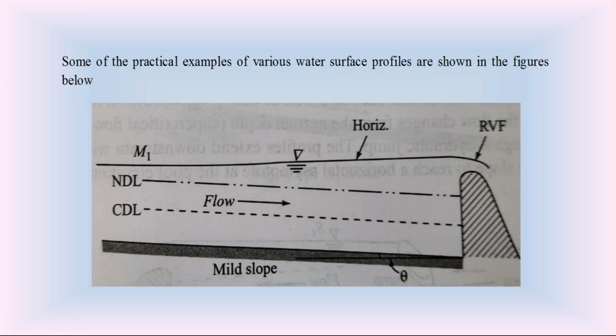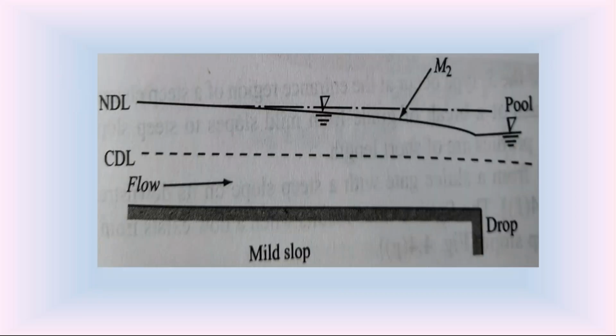Similarly, I will give you some practical example of another water surface profile, M2. Check this M2 water surface profile. Here also the channel bottom is mild slope. This is the channel bottom. If the channel bottom is mild slope, the water surface is called M curve.